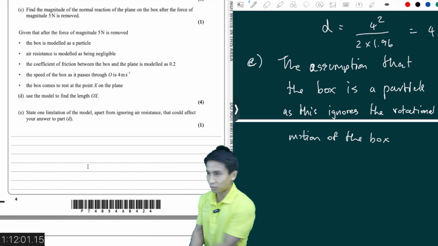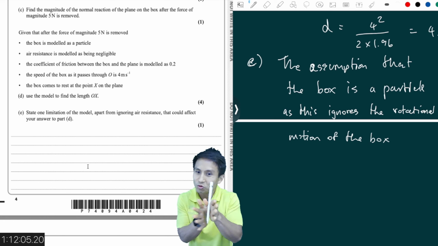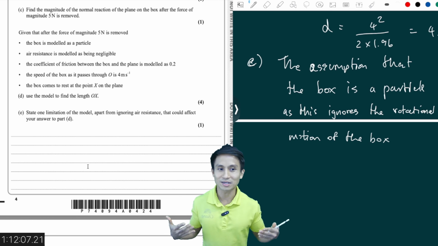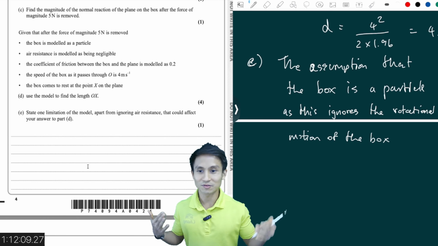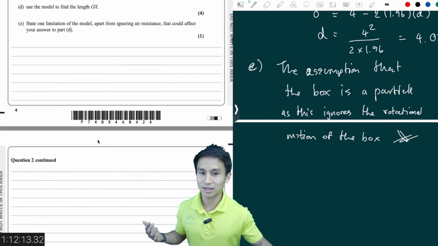When you pull it along the pole, maybe the box will tilt a little bit, and that might affect the dynamics of it in terms of acceleration and deceleration, yeah? So that's going to be my answer there.